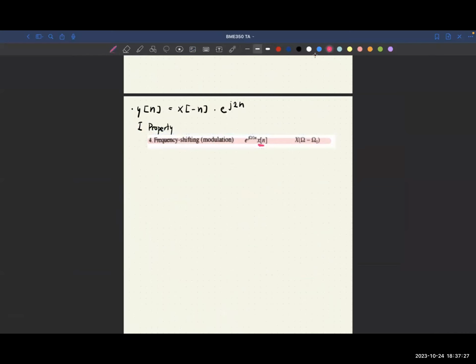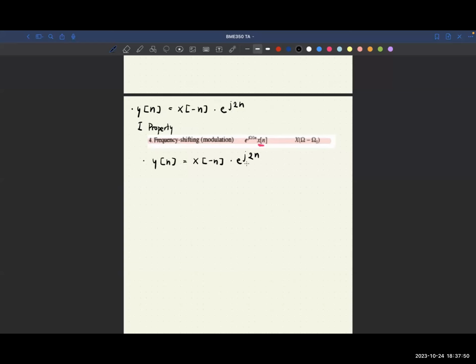Okay. We encounter the problem that we just pointed out earlier, because we don't have x of n. Our x is with negative n times e to the j to n.